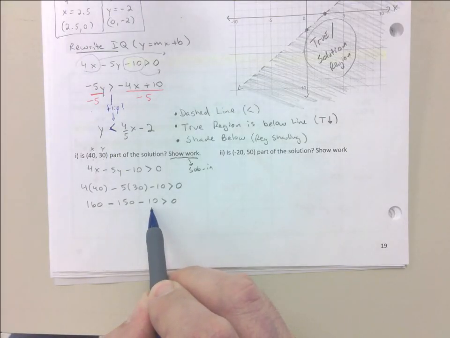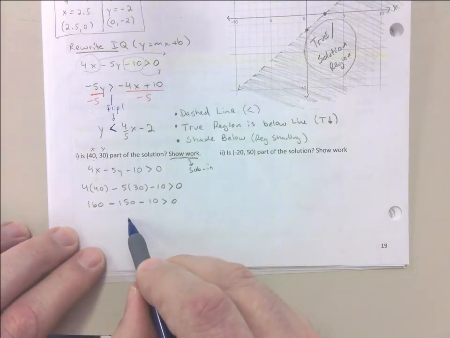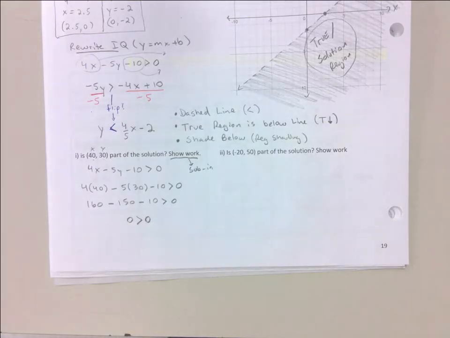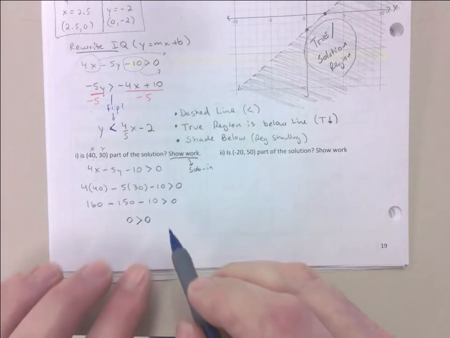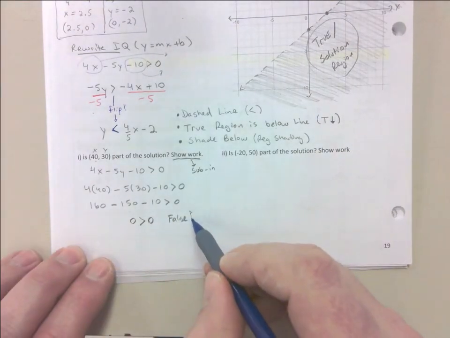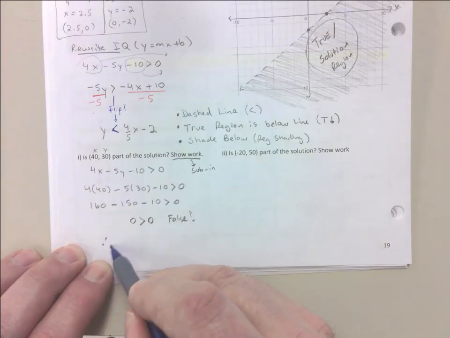Minus 10 is 0, right? Is 0 greater than 0? No. This is false. Therefore, not a solution.